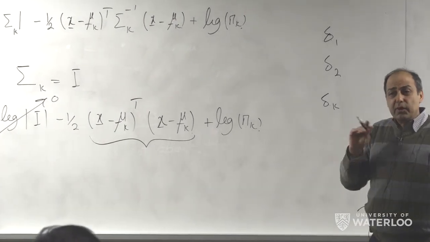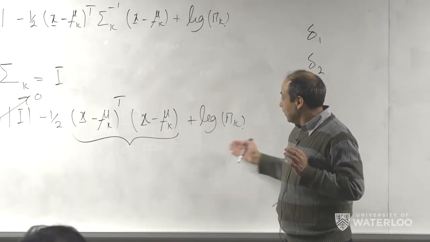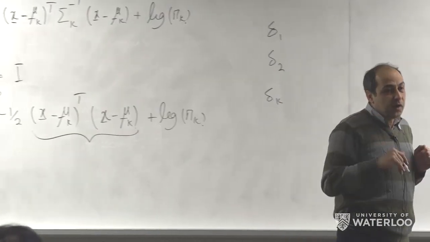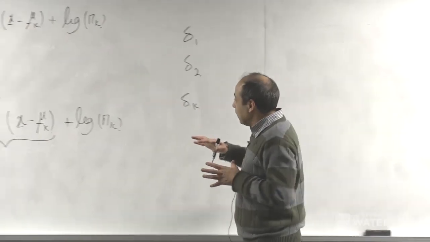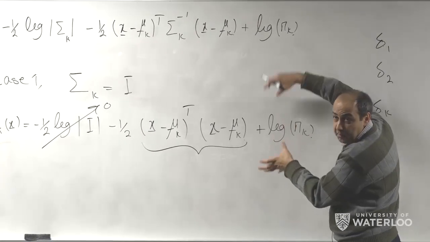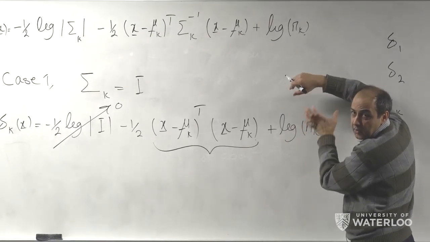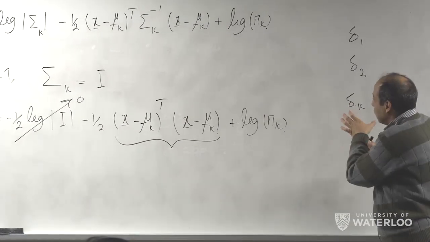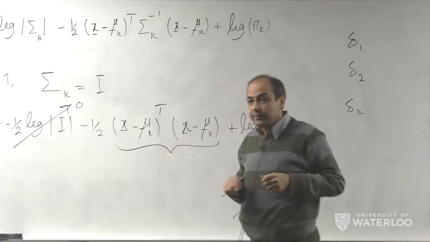I'm assuming for the moment that the prior is the same for all of these classes, so in the comparison it doesn't matter what the prior is. What is important is just this term.